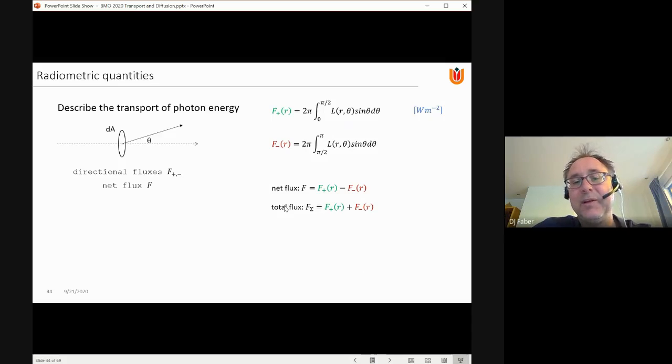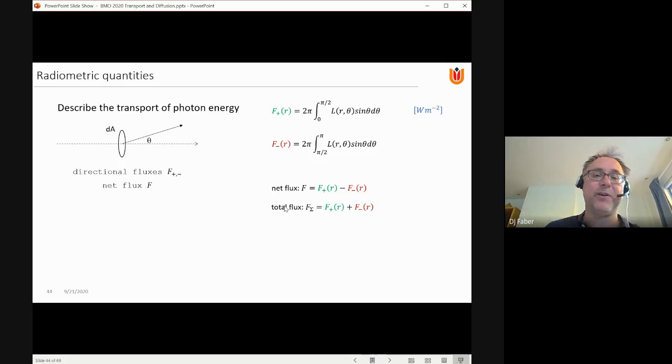If we want to calculate the net power flowing in the positive direction, let's define the positive direction as going from left to right here, in watts per square meter, then we integrate the radiance over angles: over the whole azimuthal angle, so that's the factor 2 pi, and in the forward direction from 0 to 1/2 pi, sine theta d theta.